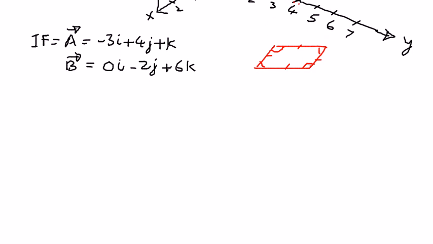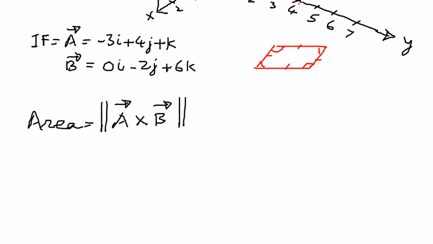We have looked at some of the properties related to area of a parallelogram using vectors, and the way to do that is as follows. Area is given to us as the cross product of vector A and vector B, and we're going to take the magnitude of that product.